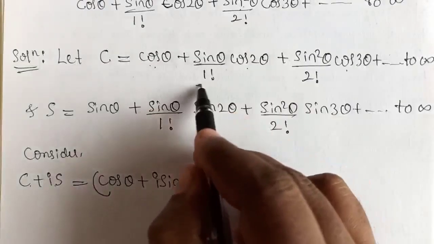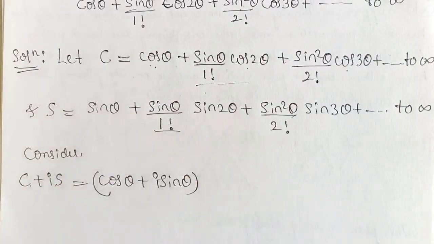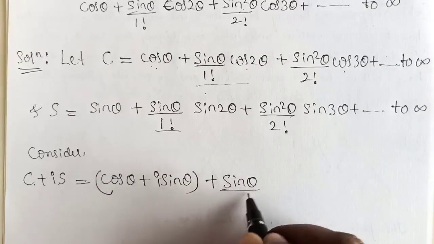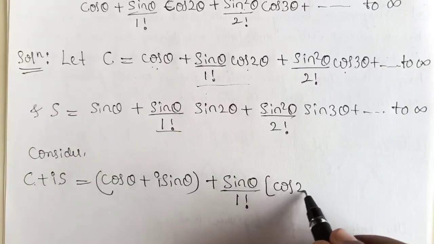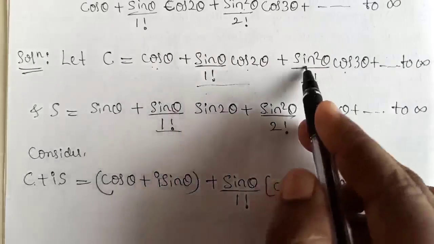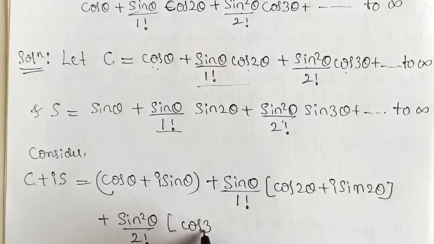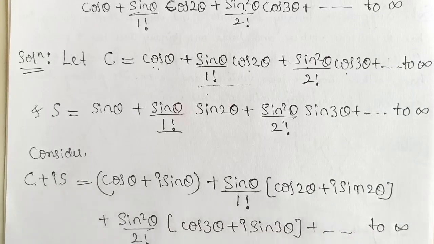Next, in these two terms we take sin theta divided by 1 factorial as a common term. Then we can group this as cos 2 theta plus i sin 2 theta, plus here we can take sin square theta divided by 2 factorial, then we get cos 3 theta plus i sin 3 theta. So this is up to infinity.